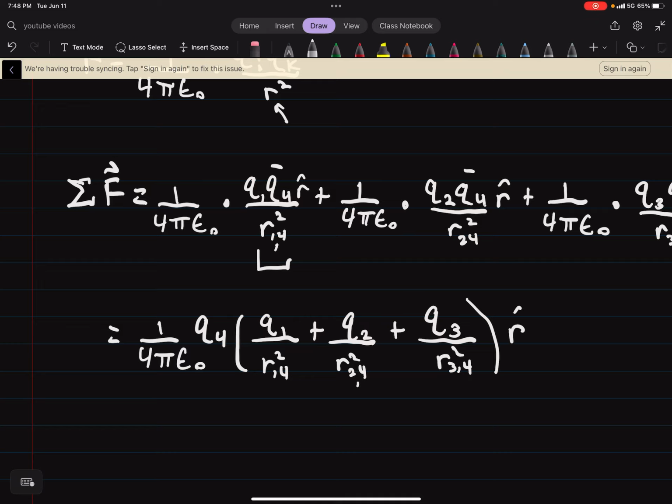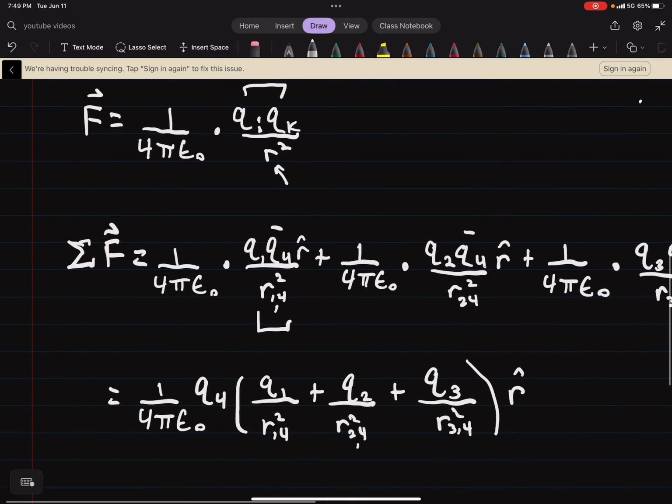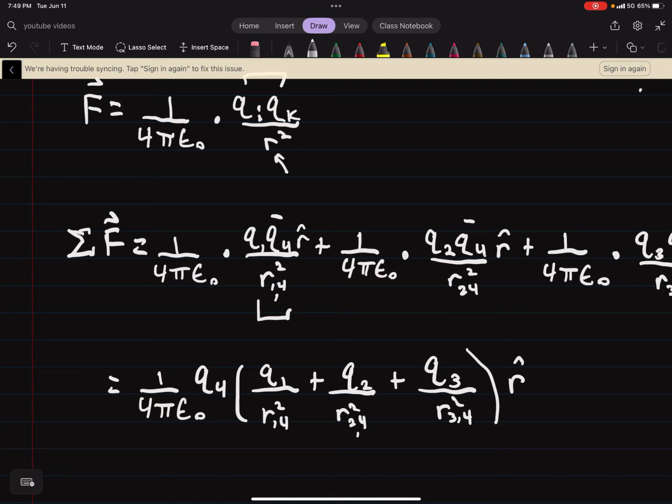I'll just pull an r hat out. And then what you would do is you would essentially just break that up if they have any components, but it depends on the problem. So this is kind of the part I wasn't super sure what they meant by. This is, I guess you could say, the most general expression you could have.